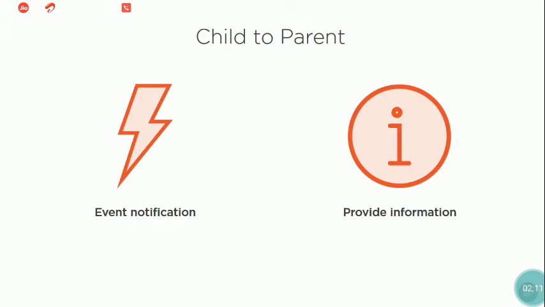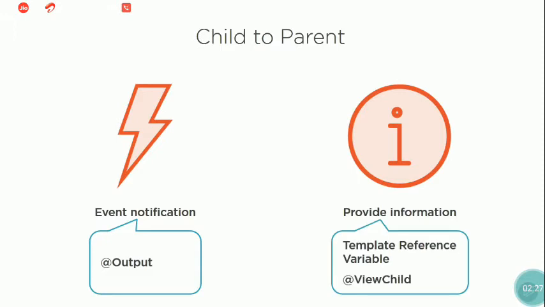A component has several techniques it can use to communicate with its parent component. The most common technique is to use an output property defined with the output decorator. This allows the child component to emit events to the parent component, providing notifications. The child component can provide properties or methods and expect the parent component to access them. The parent component uses a template reference variable or the viewChild decorator to obtain a reference to the child component.